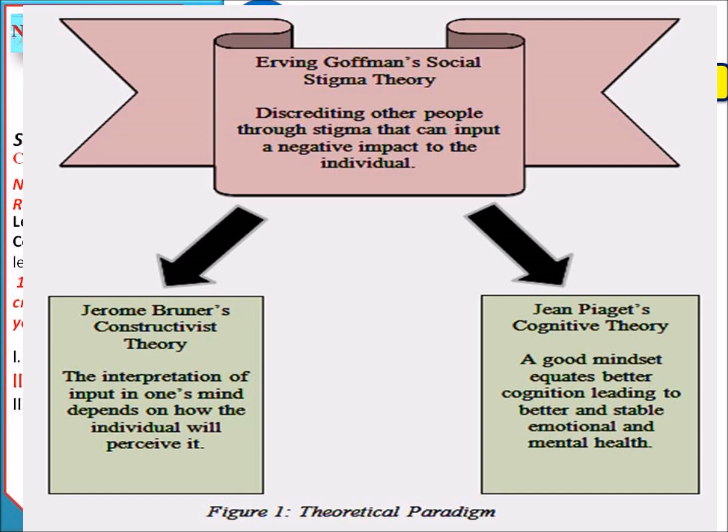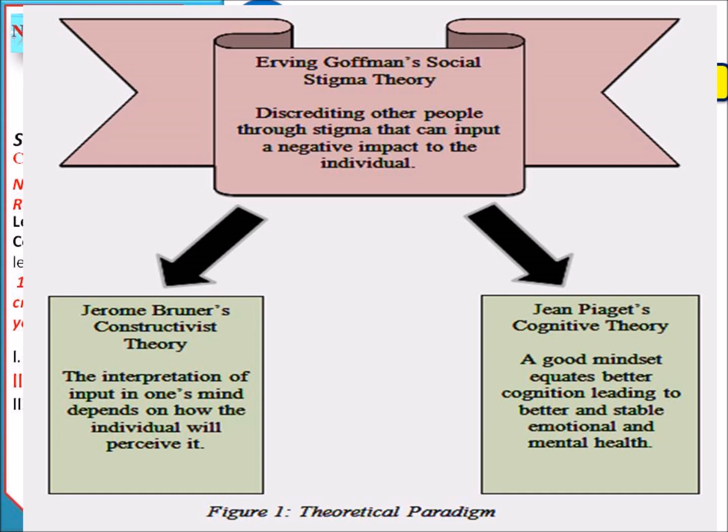The theory of Irving Goffman's social stigma, discrediting other people through stigma, can impart a negative impact to the individual, following the theory of Jerome Bruner and Jean Piaget. On Jerome Bruner's constructivist theory, the interpretation of input in one's mind depends on how the individual will perceive it.